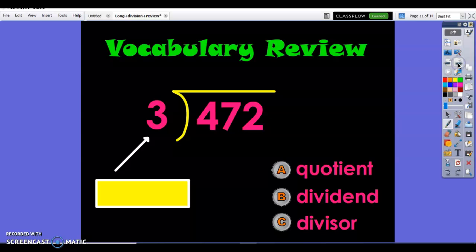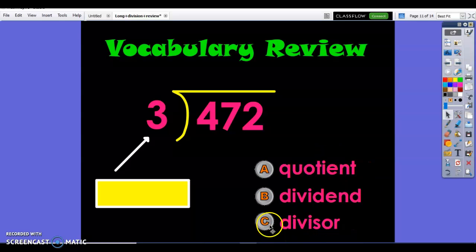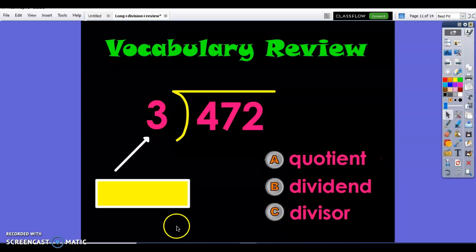Here's a little quiz. Remember, this word on the outside, is it quotient, dividend, or divisor? If you guessed C, it is divisor. It is your divisor. Yes. Next one.